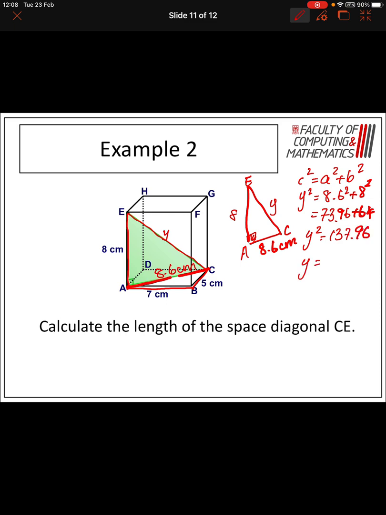Take the square root of both sides, so y is equal to 11.7 centimetres. I'm just going to state that at the end because it asks for the space diagonal CE. CE is equal to 11.7 centimetres, and we can back that up.